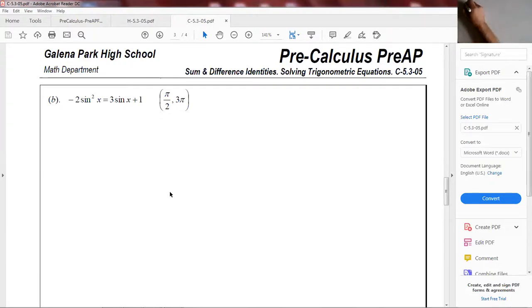So I have negative 2 sine squared x equals 3 sine x plus 1. And we have to find the solutions between pi over 2 and 3 pi. This is what we have to solve.